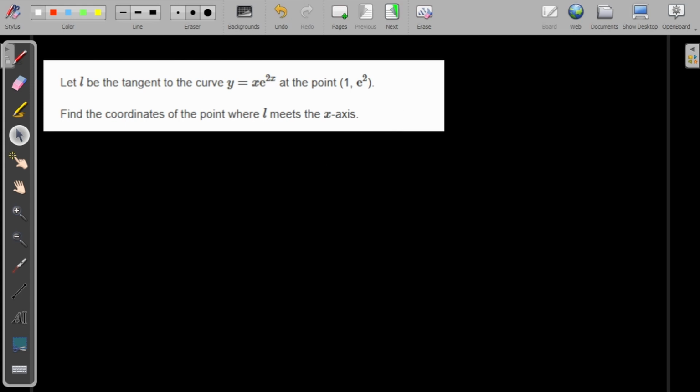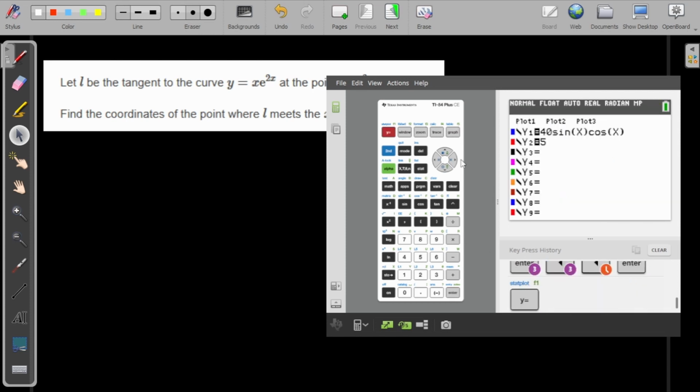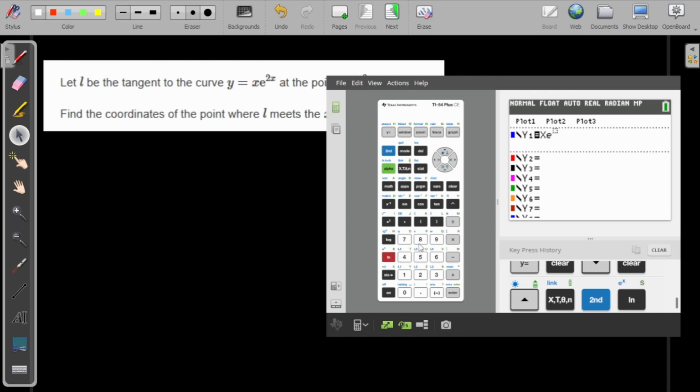Let's see first the problem in context. Let's graph it here to understand what we have to deal with. So the function is x times e to the power of 2x.